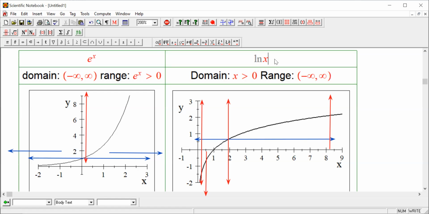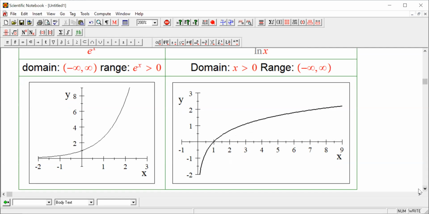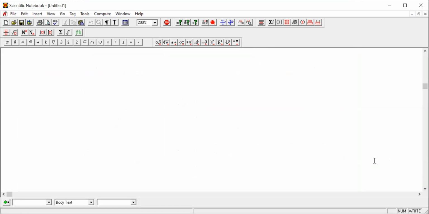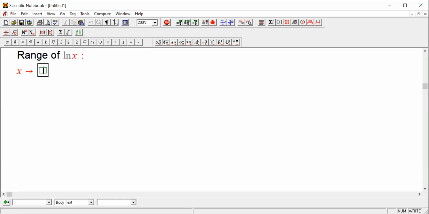Some people express the domain for ln x in the following way, so I'm going to show you some mistakes I saw on the quiz you turned in. Range of ln x: when you write it down this way, it means the input is x, and the rule of the function is ln x, so your output is ln x.